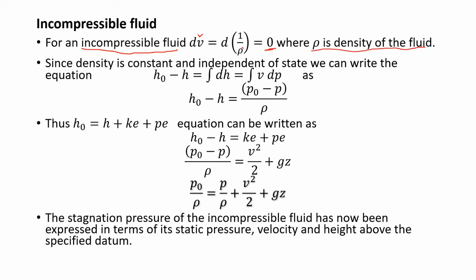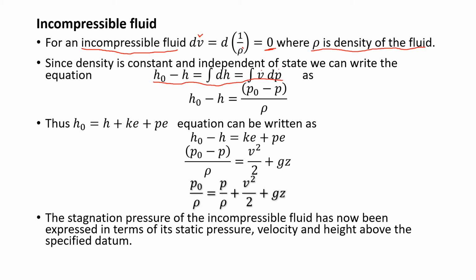Since density is constant and independent of the state, let us consider this equation. In the previous slide we got this equation from the second law of thermodynamics, the second TdS equation, that is, integration of dH is equal to integration of V dP.